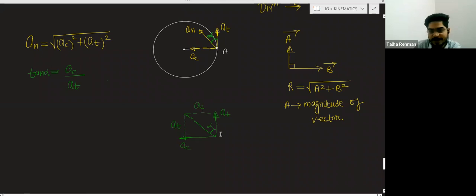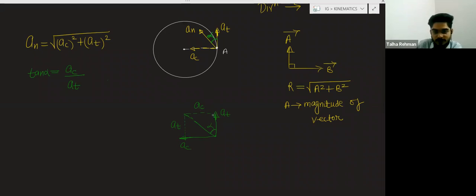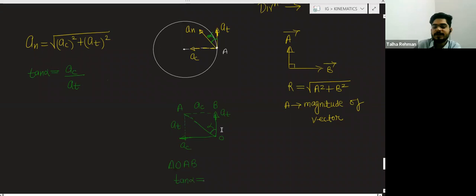Parallel sides have equal length. So now from this triangle OAB you can find the value of tan alpha. Tan alpha is given by perpendicular divided by base.